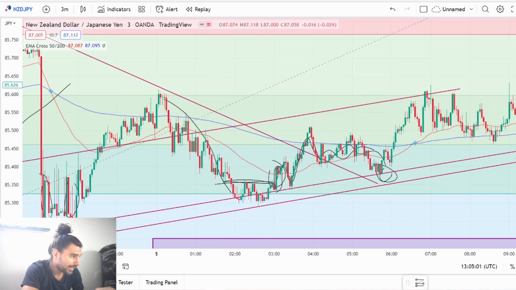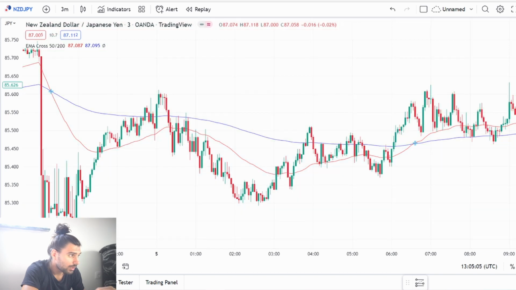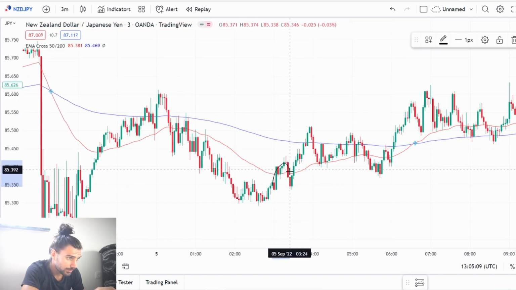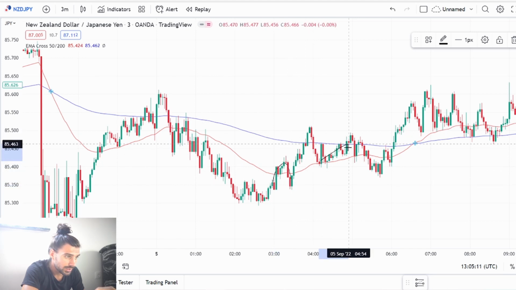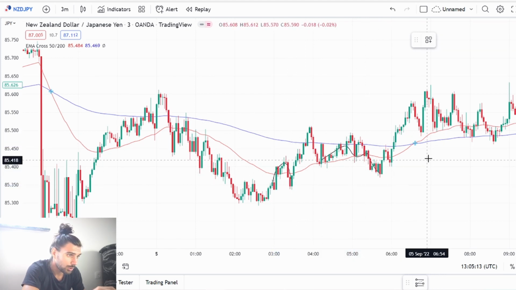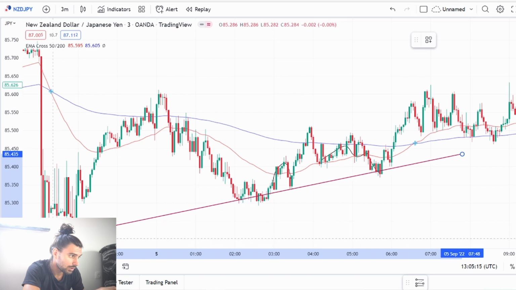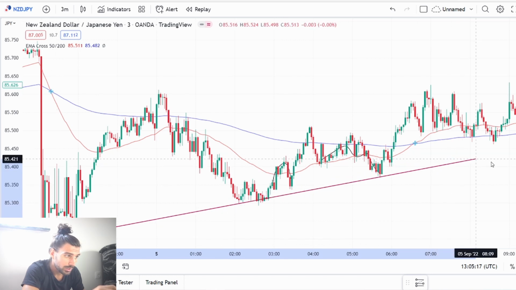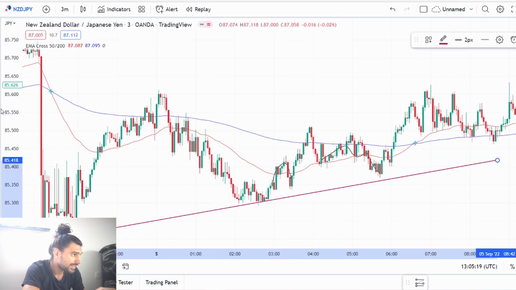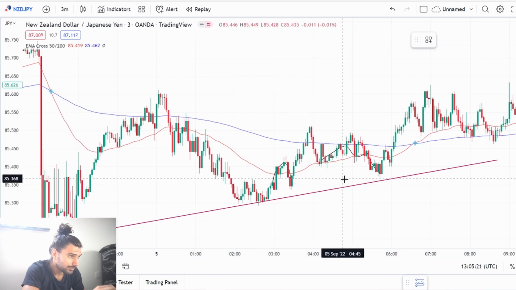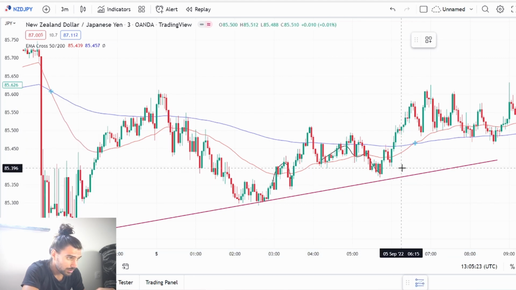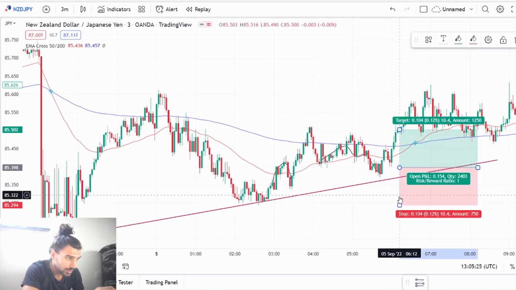So basically my entry would be either the first pullback, which would be this one right here, or since here we saw another pullback which also aligned with the trend line, my entry would be here with a tight stop loss. So the entry point would be this candlestick.